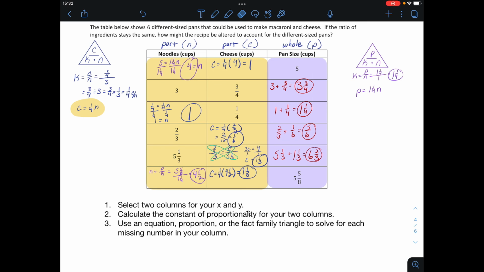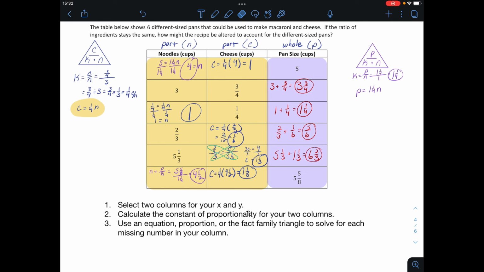Remember, it's always going to be whichever value you chose for y divided by the value you chose for x. Once you've done that, you can use an equation, a proportion, or a fact family triangle to solve for the missing number in one of those 2 columns if you have another number in the matching column.